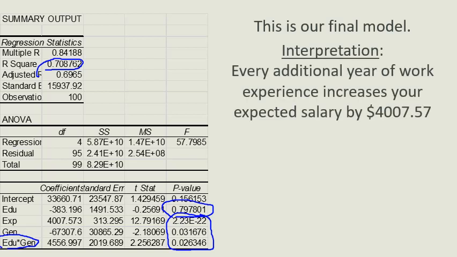First, the slope of experience is about 4,000, and we can interpret that the usual way. Each additional year of experience increases your expected salary by about $4,000, all else being equal. But when you look at the slopes of education and gender, you might get a little shocked.